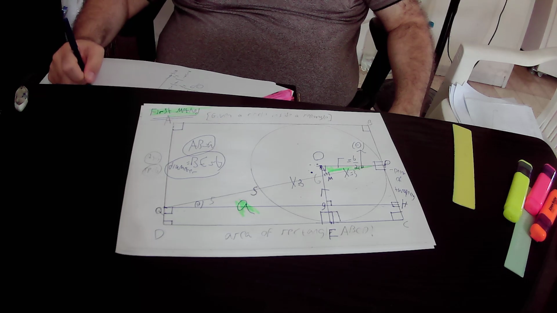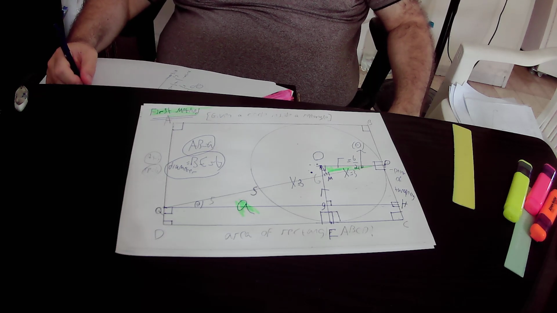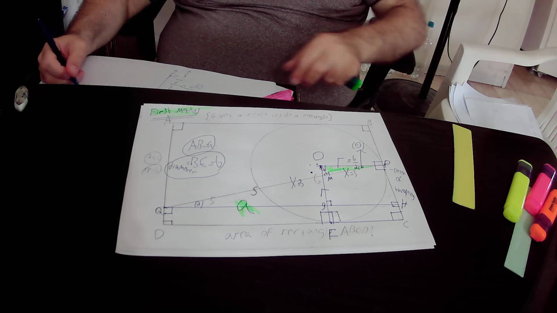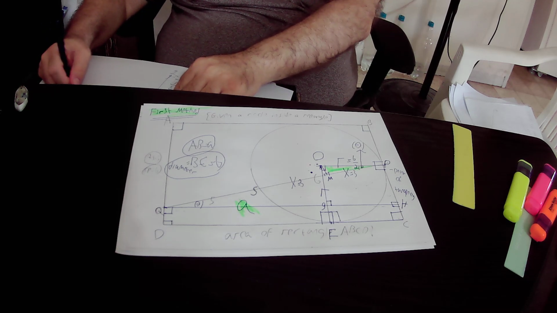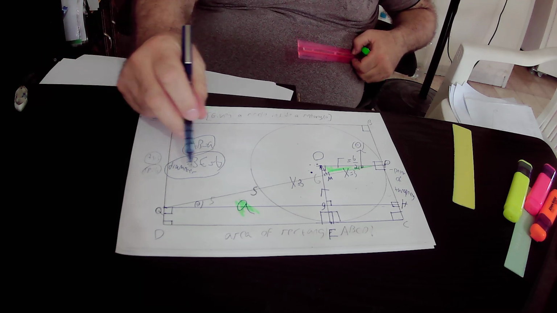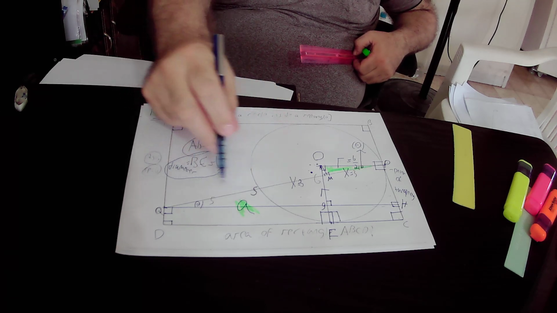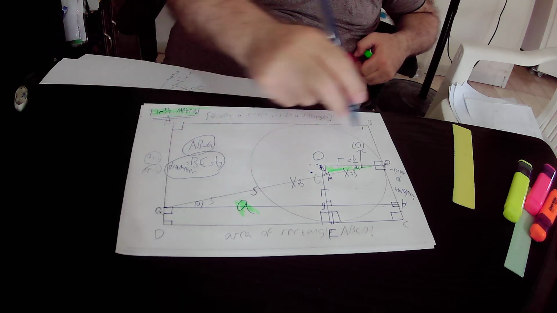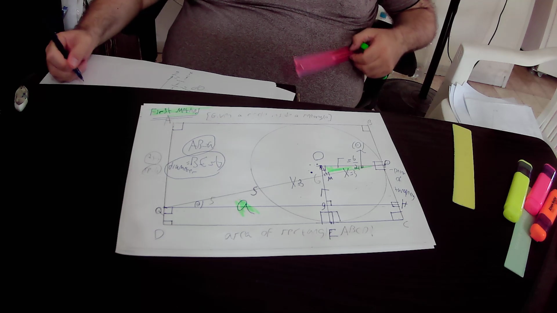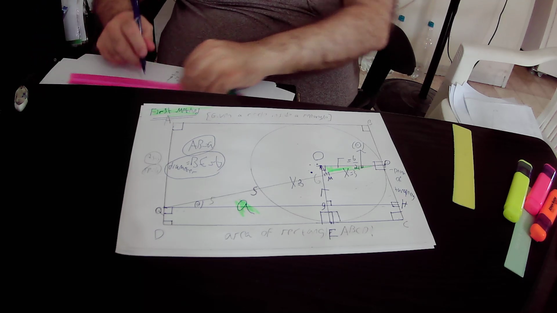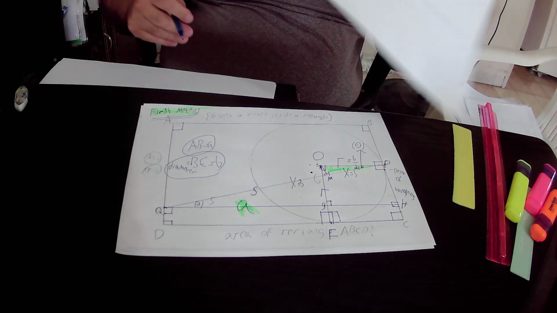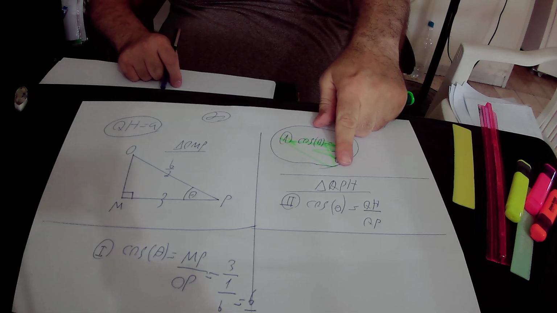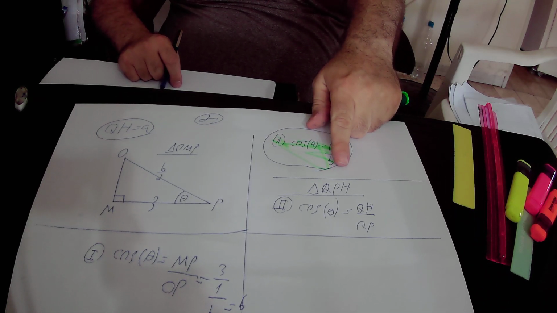In the right big triangle QPH, cosine theta equals QH over QP.